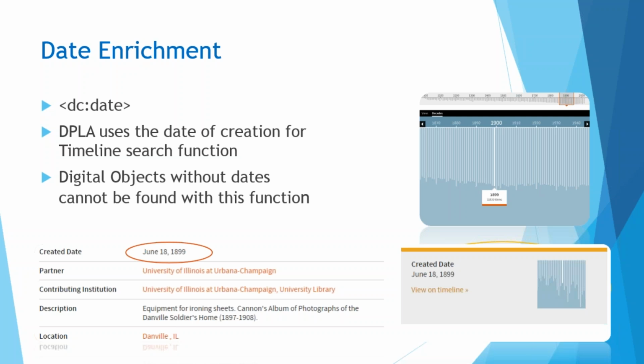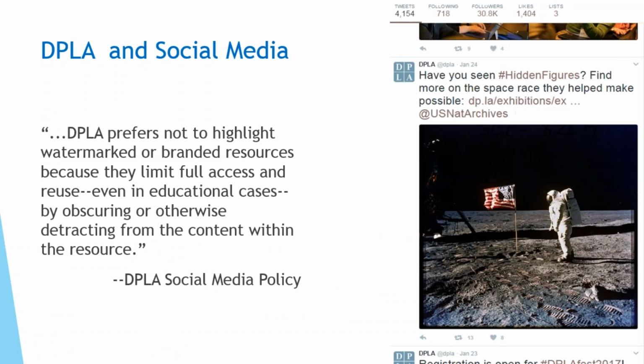Unlike the geographic field, the date is not connected to other resources through a text link, but rather through the timeline function on the right side of the resource view. And right above that, we have what it looks like in the timeline function. So that's another thing to take into consideration when you are making your metadata available to DPLA.